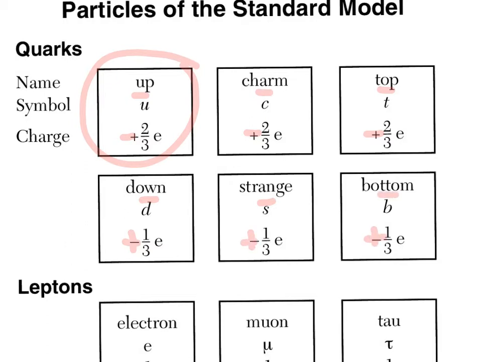So we can combine two quarks, an antiquark and a regular quark, to make those three charges of +1, -1, and neutral, 0.